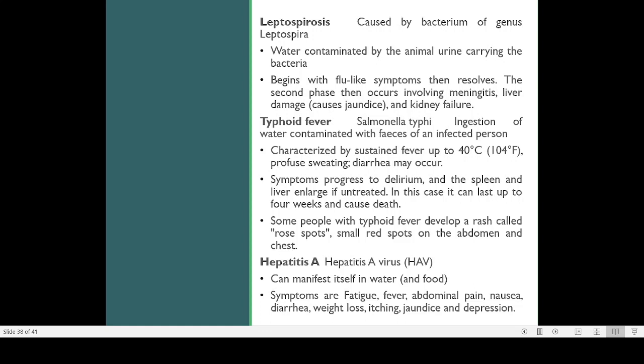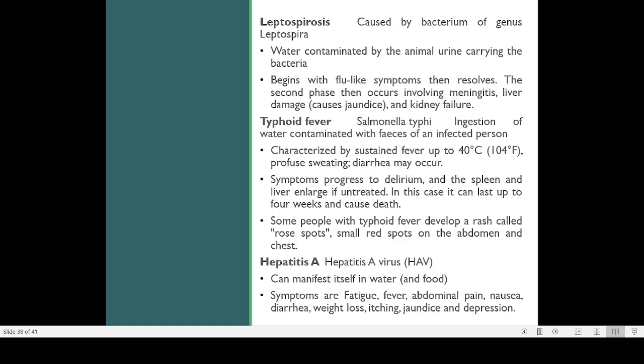Then there will be failure of the kidney, so excretory material cannot be released from your body. This is why leptospirosis is a dangerous disease. Even though it is a bacterial disease, it can cause a lot of complications. You might have heard about the complications from L20. That is another bacteria. So it's a dangerous disease also.